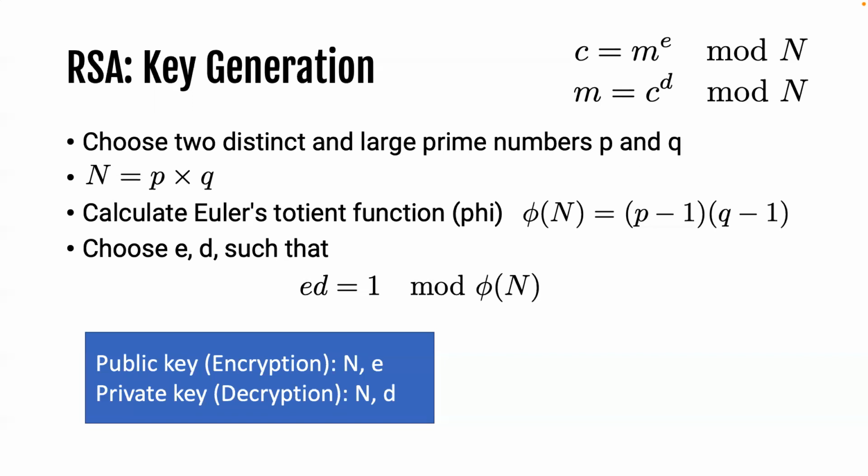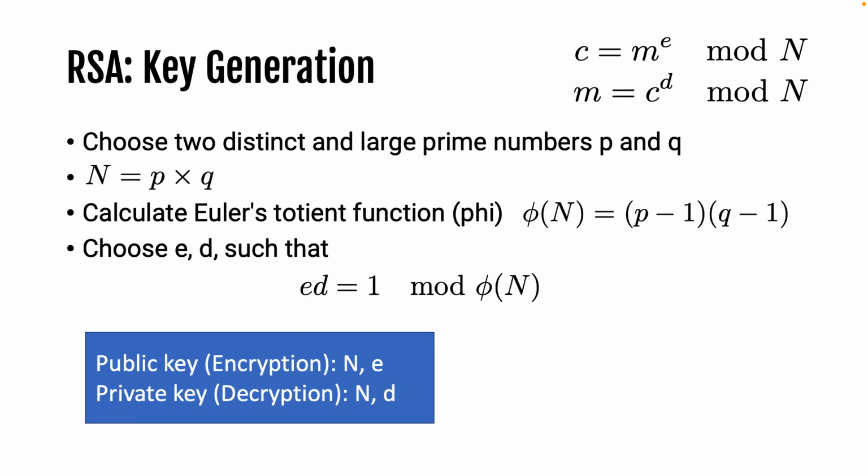Then you calculate N. Like I said on the previous slide, N is a very large number, and it is the multiplication of two prime numbers, P and Q. So you have N equal to P times Q.